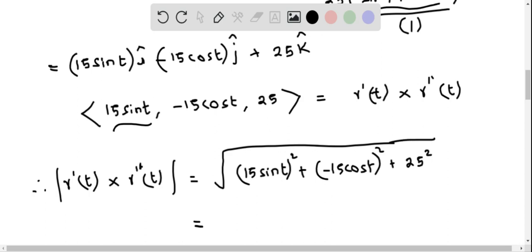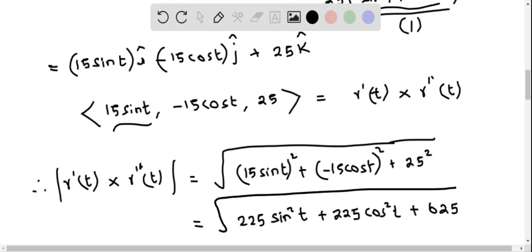Let's evaluate this. This equals 15 sine t quantity squared, 15 squared is 225, and sine t quantity squared we can write as sine square t, plus negative 15 cosine t quantity squared. The square of a negative number is positive, so this will become 225 cosine square t plus 25 squared is 625.